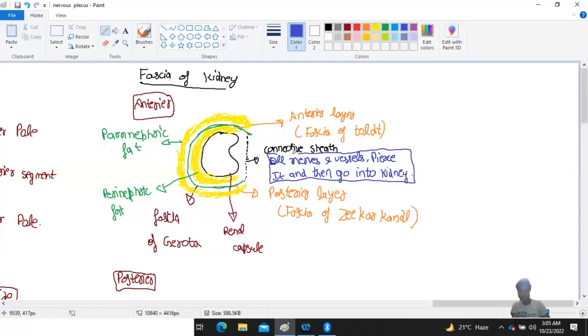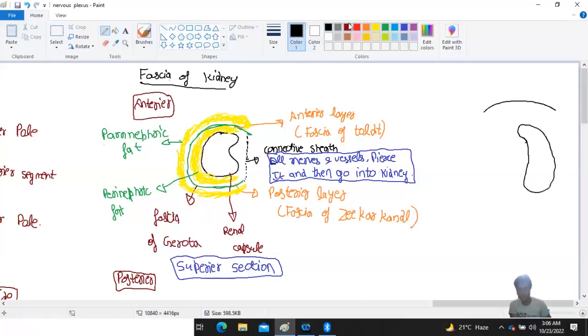Now first we drew the superior section. Next we draw the coronal section. So in the coronal section, we know this is the diaphragm above and here is the kidney.